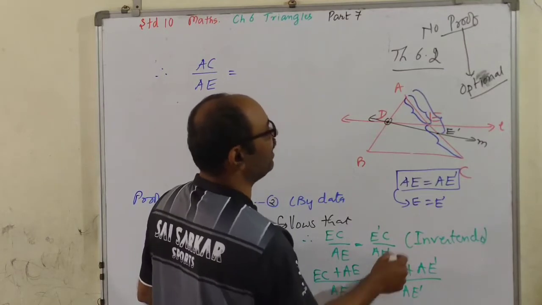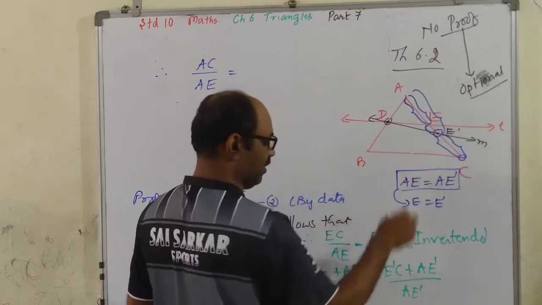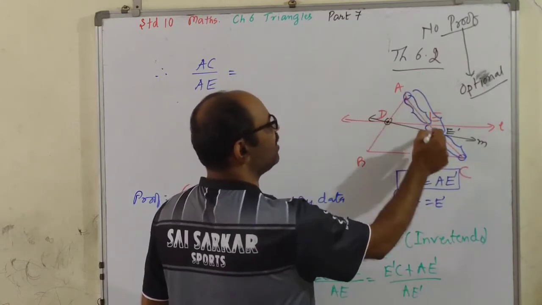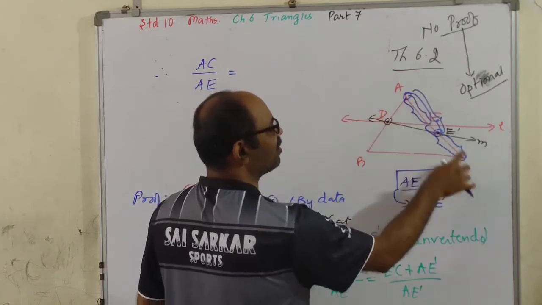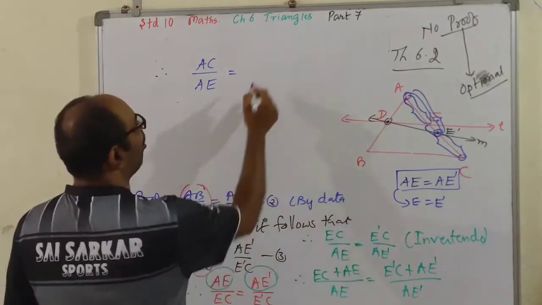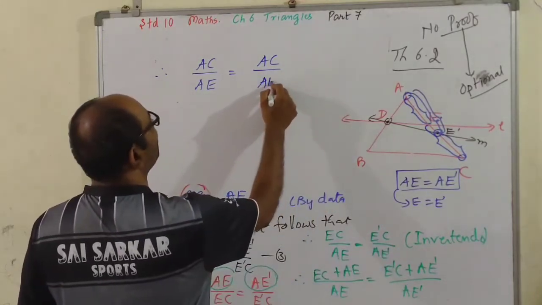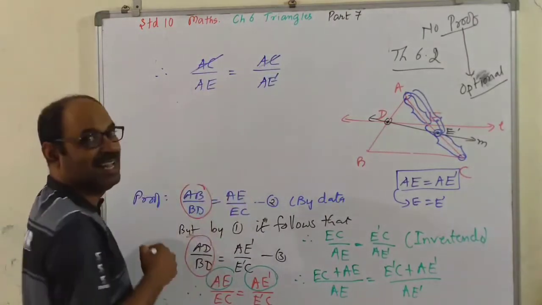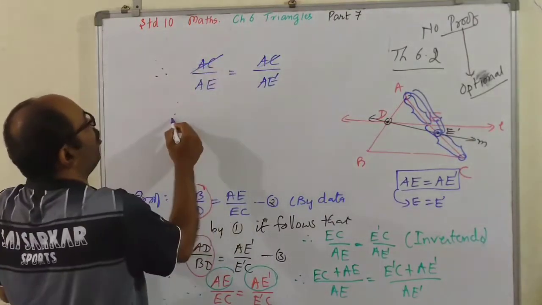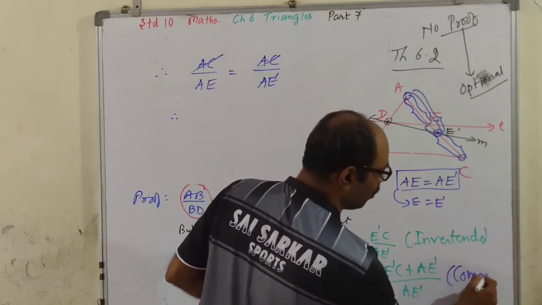Now E dash C. This is E dash and this is C. AE dash plus E dash C, that is also AC, upon denominator which remains the same. Numerators are the same, so cancel. Then again invertendo. I used componendo.